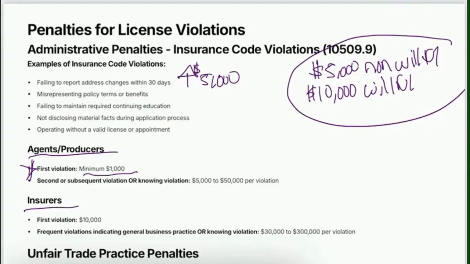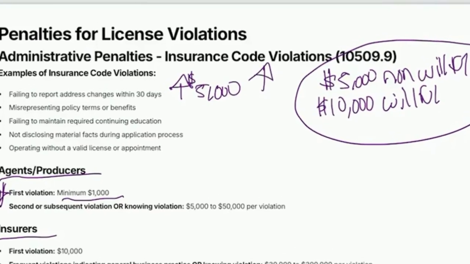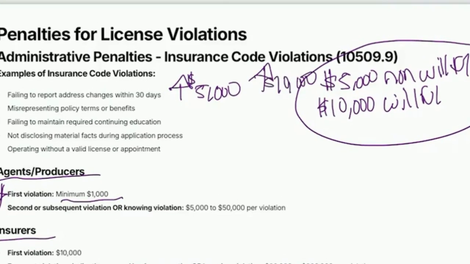If you're purposely hiding out, not telling them that. But it must have a minimum first violation penalty of $1,000. So even if you forgot to change your address or change your name because you just got married, you could be fined, or you will be fined a minimum of $1,000 for that first violation. So that would really suck to have to pay $1,000 just because you forgot to change your address, right?